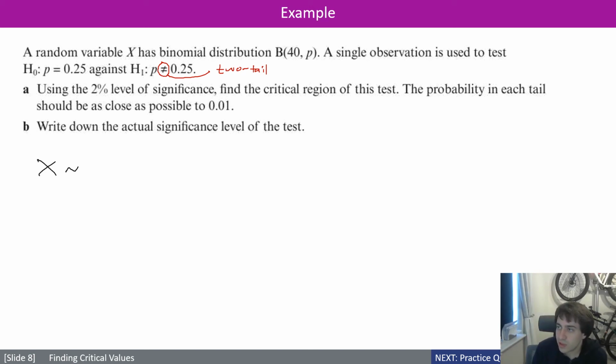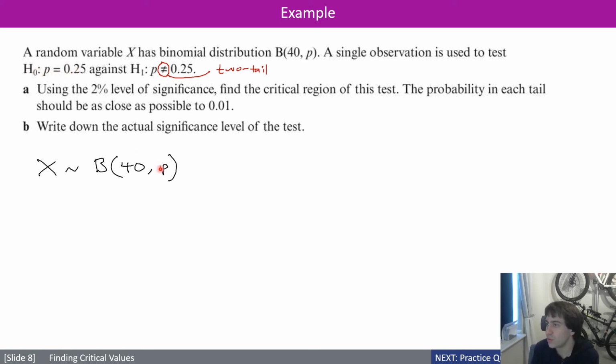It's distributed by a binomial B with a number of trials 40 and a probability of each trial being a success p. We're going to use a single observation to test the hypothesis with a null of 0.25.